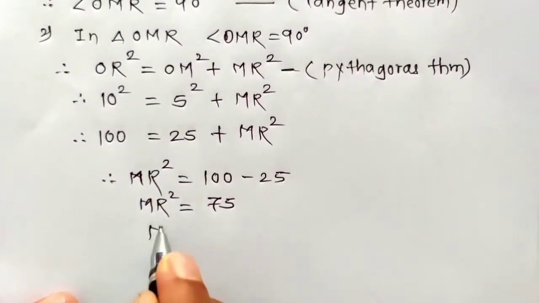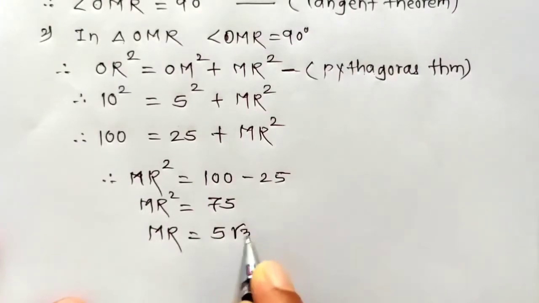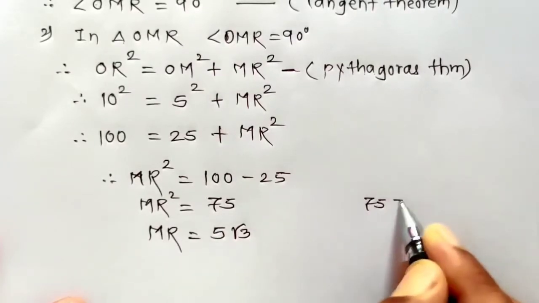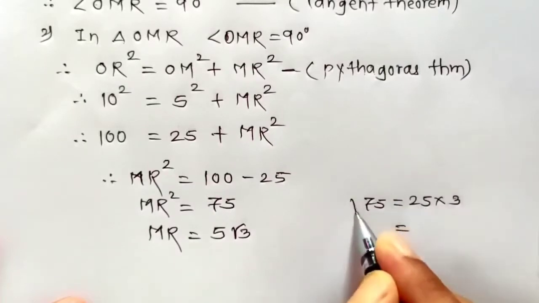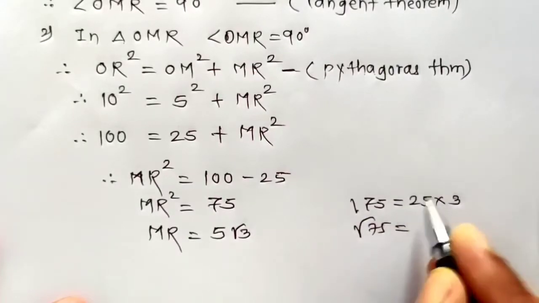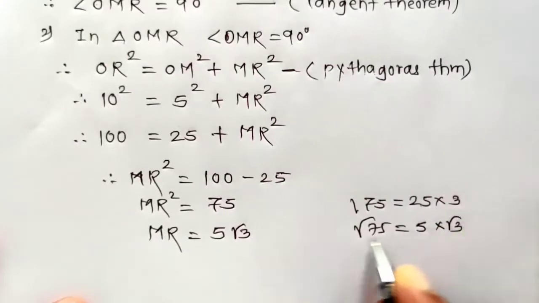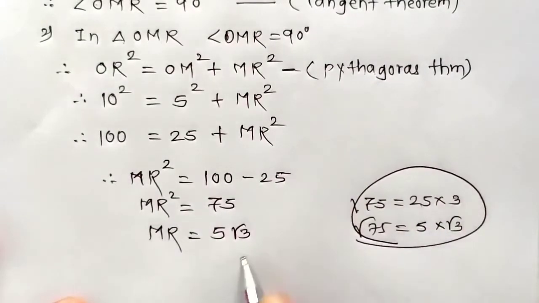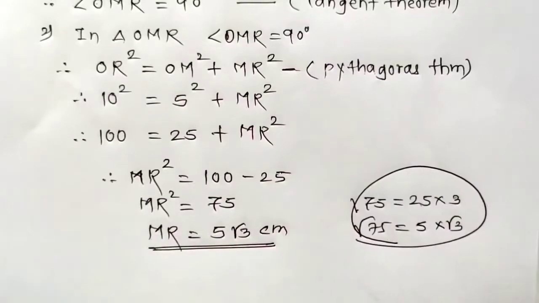So we get MR is equal to root of 25 into 3. Root of 25 times 3 means 5 root 3. How will we get it? 75 can be written as 25 into 3. So root 75 is equal to square root of 25, which is 5, and root 3. So in this way we get 5 root 3 centimeter. So MR is equal to 5 root 3.